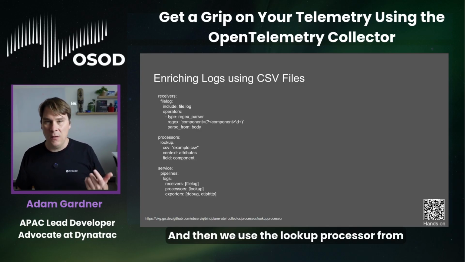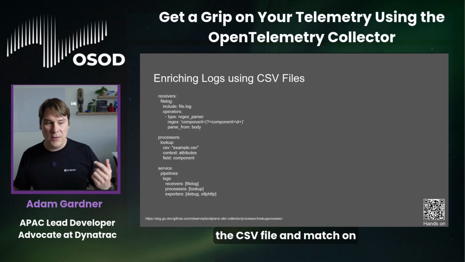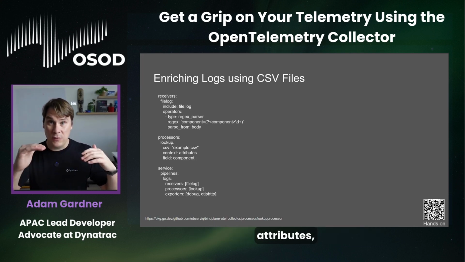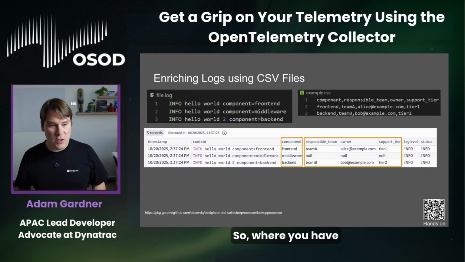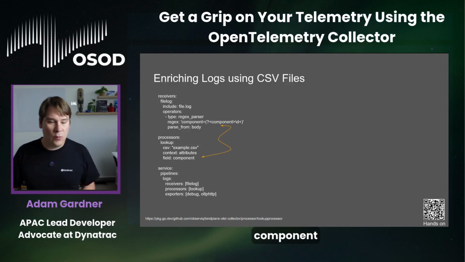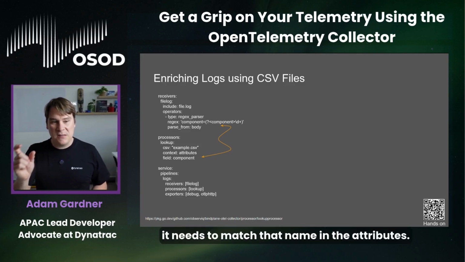And then we use the lookup processor from Bindplane to load the CSV file and match on that field. So the way to read this, the context is looking in the attributes, and it needs to match the name. So where you have component in the CSV file, it needs to match that name in the attributes.